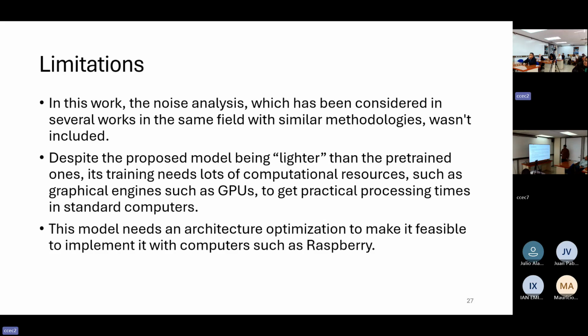That's why we need at least engineers and graphical engineers to execute the training in these models to obtain a reasonable period of time for training. And finally, this architecture cannot be included in small computers like Raspberry because it needs additional optimization in the architecture.